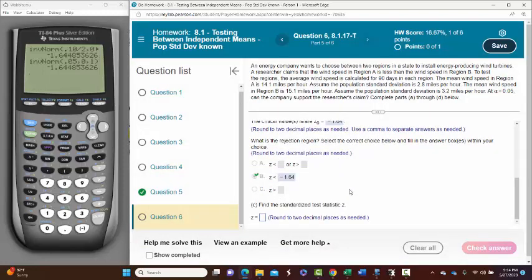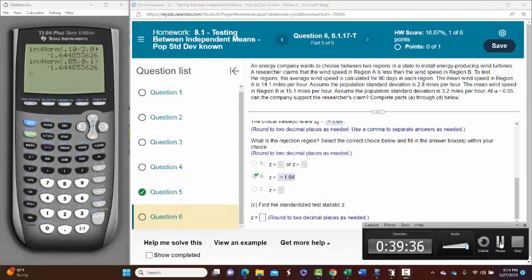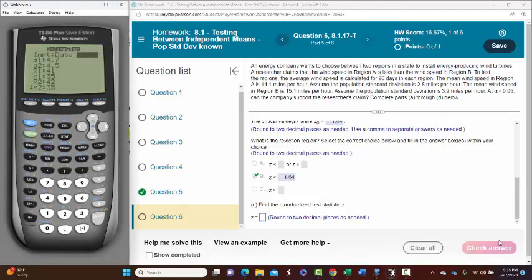Find the standardized test statistic. So here we go with the two-sample z-test. Our first standard deviation is 2.8, the second is 3.2, and the first sample mean is 14.1.